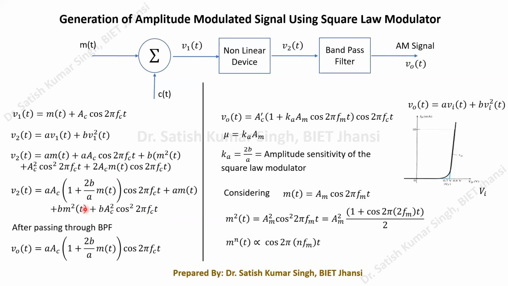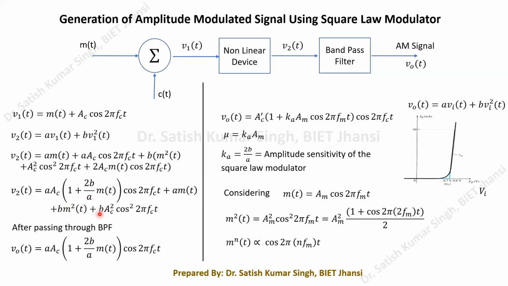And now from this equation V2(t), what we can see is this particular equation, up to this section, just this particular section, can be rewritten as Ac dash. This can be written because a Ac, where a is a constant value for a particular modulator, you can rewrite as Ac dash, and this 2b upon a can be written as Ka.